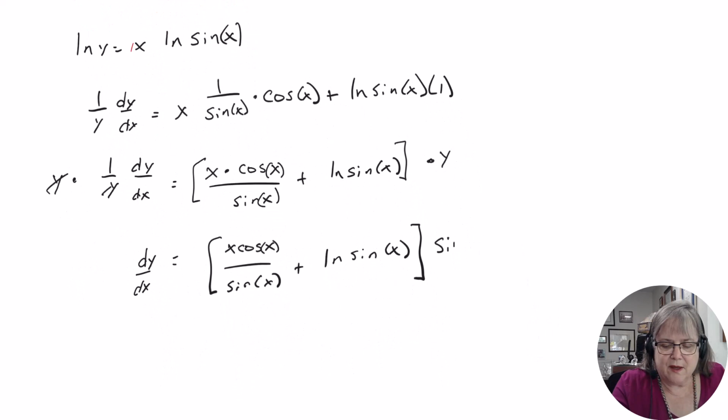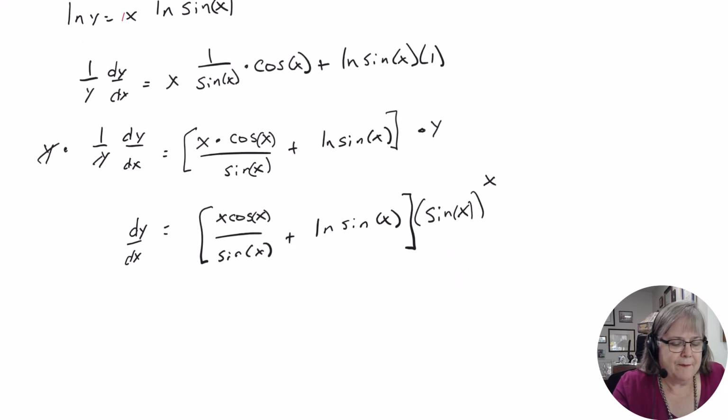So it's sine of x raised to the x. All right. Now, this is the distributive property. So I can take this times here and this times the second location, right?